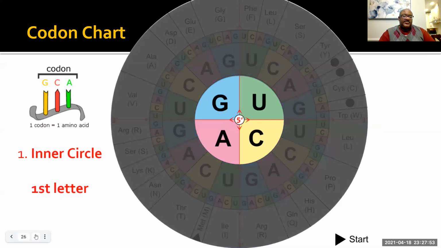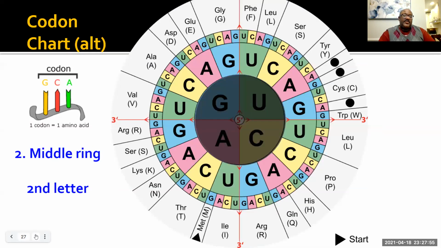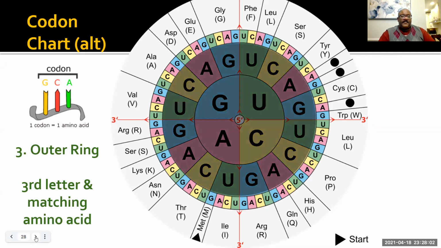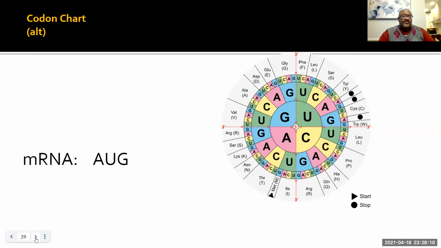And they'll tell you this: inner ring, first letter; middle ring, second letter. And the amino acids are in the very outer ring. So for example, AUG.